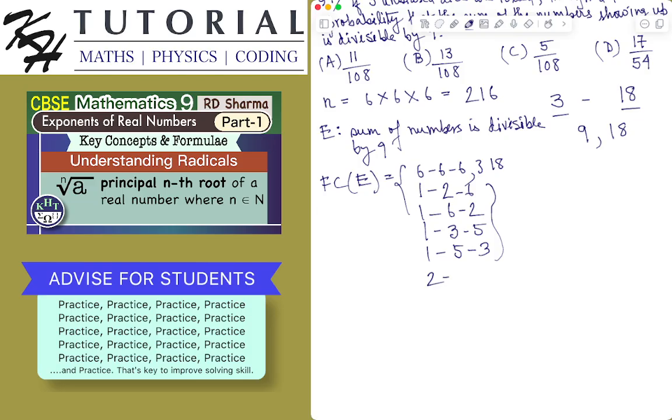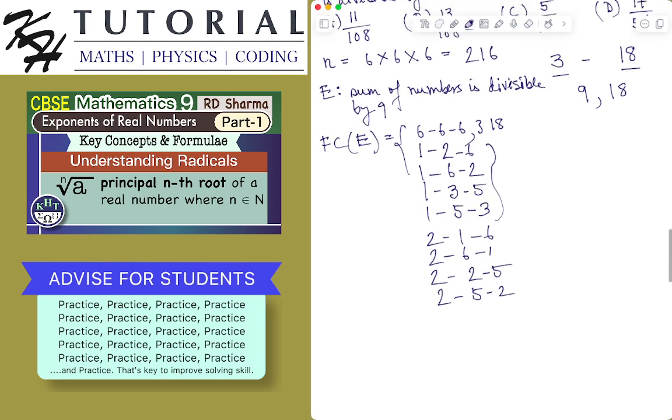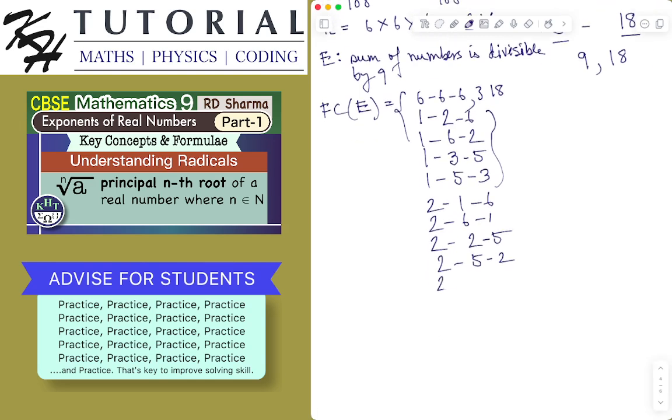How many outcomes are there? We can have 1, 6; 6, 1; 2, 5; 5, 2; 3, 4; and 4, 3.